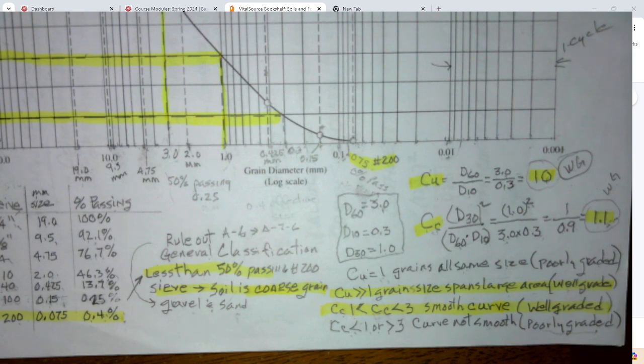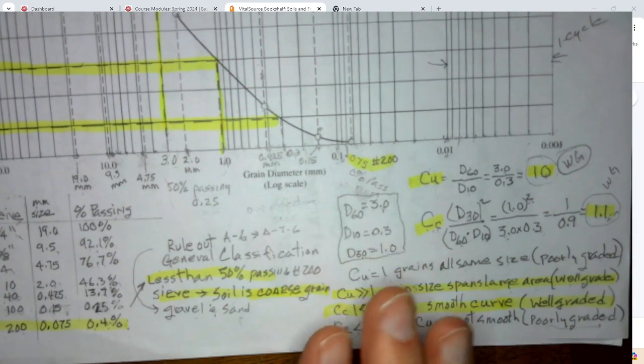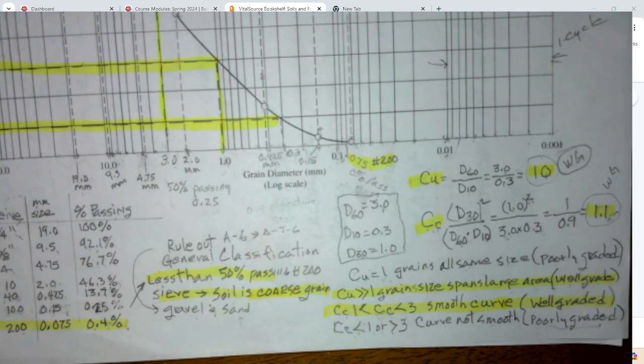I don't want to take up any more of your time, but the rules are in your book about these coefficients of curvature, what indicates a good soil and what indicates a not so good soil. I think I got these from somewhere else, but let's get back to the book. By the way, in week 7 there is a reading to do before going any further.